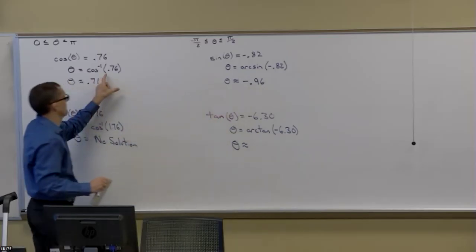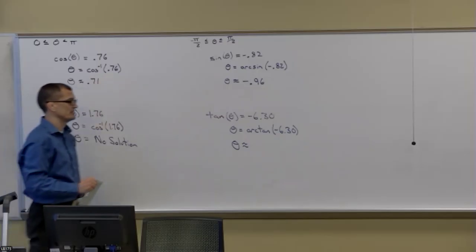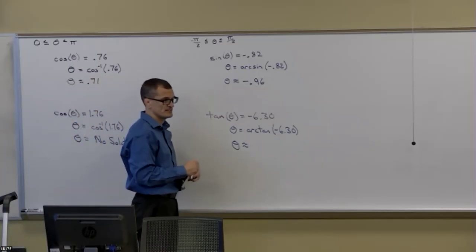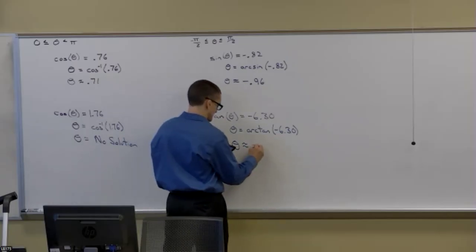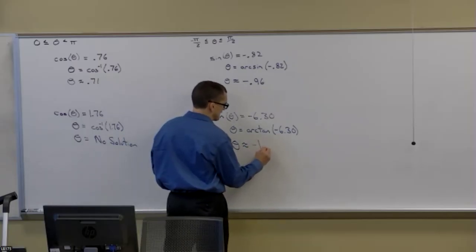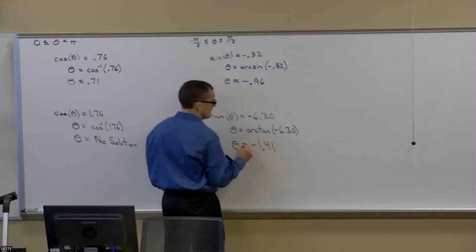The domain of inverse cosine is negative 1 to positive 1. Tangent goes from negative infinity to positive infinity domain. So I end up with a negative 1.41 when I do that.